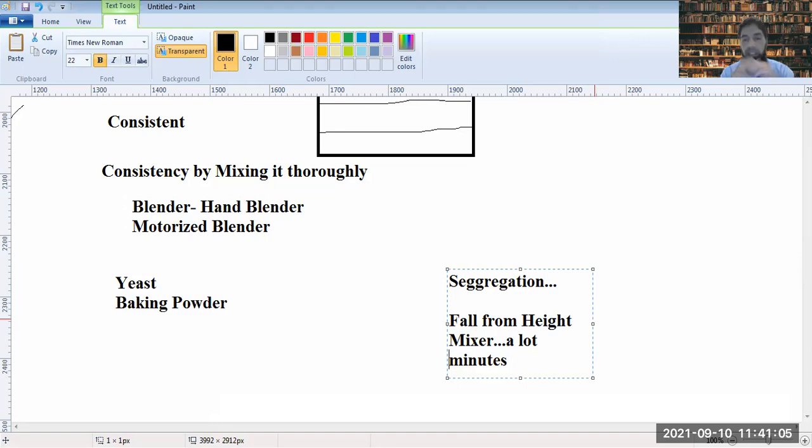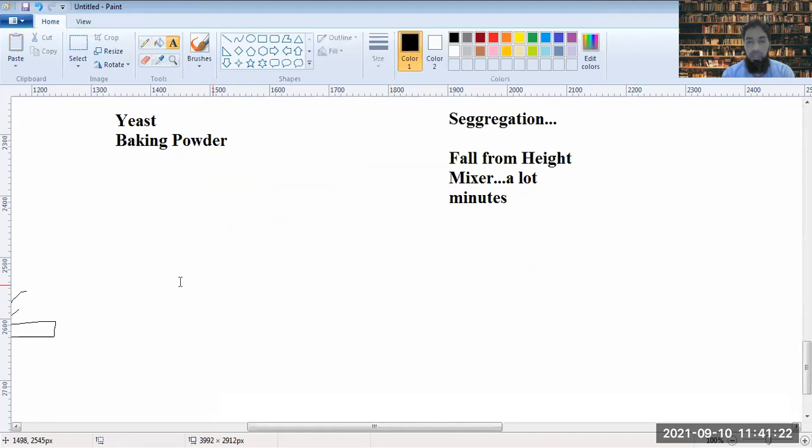So you do not mix for a long time. After 5 minutes, in most cases, you are not allowed to mix more than 5 minutes. You have to keep that in mind, that you do not mix a lot. The third thing is the water.